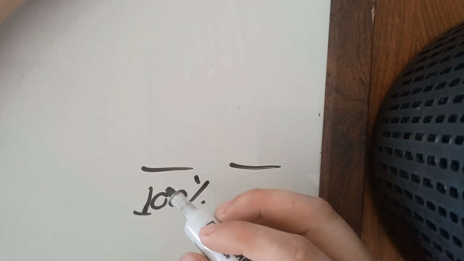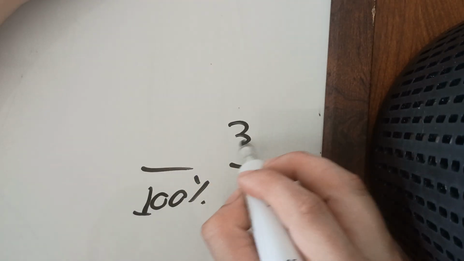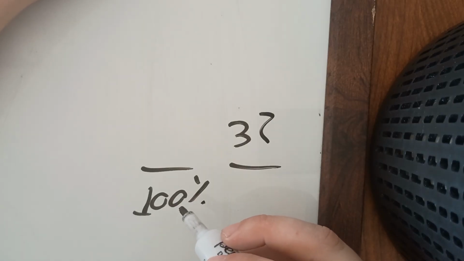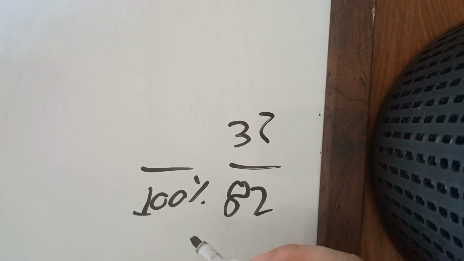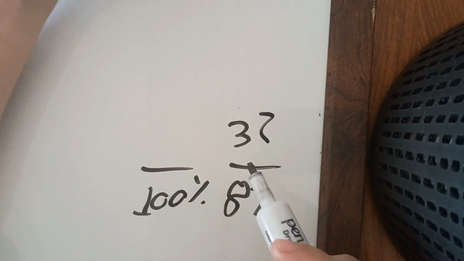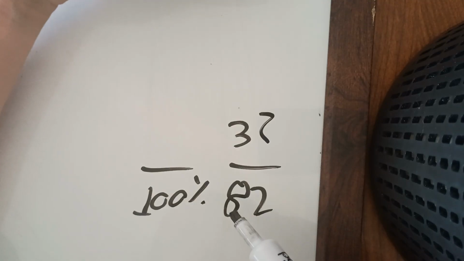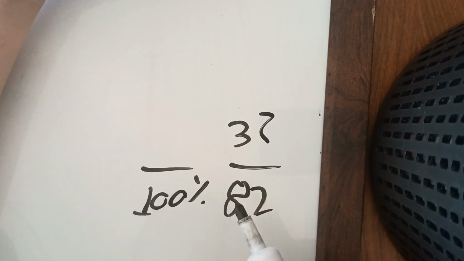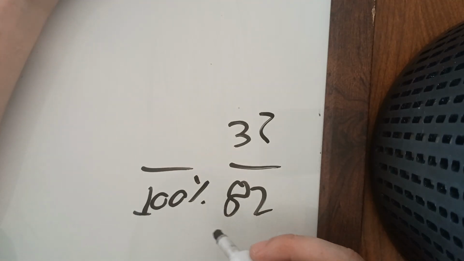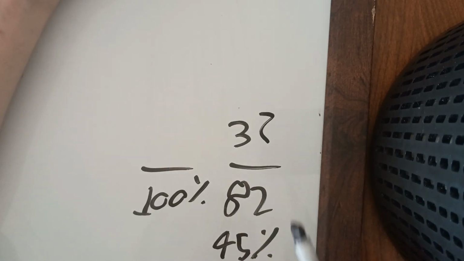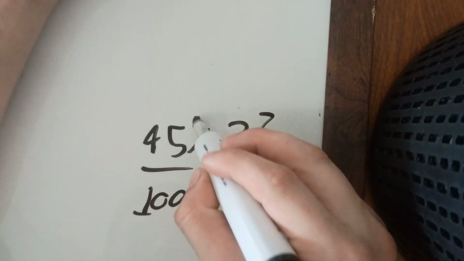If I have 37 church chairs and they want me to go get the rest, which would be 82, you then take the top number, 37, divided by the bottom, 82, and then you take that answer, times it by 100, and that will give you 45%. 37 is 45%.